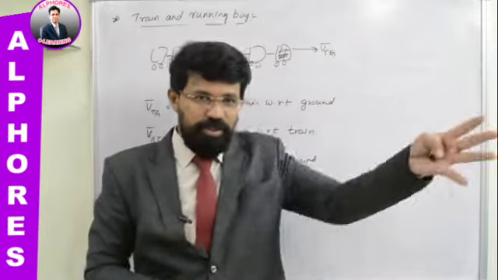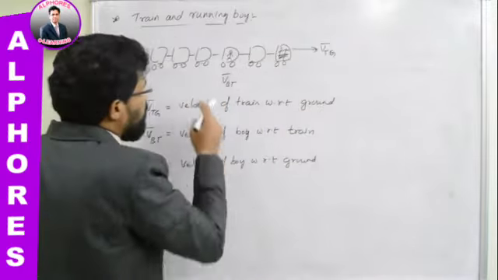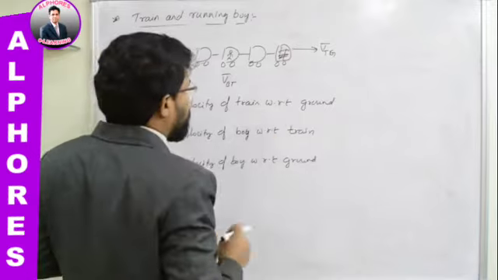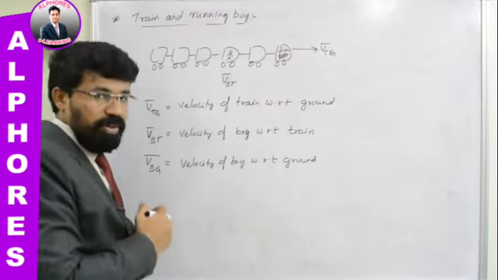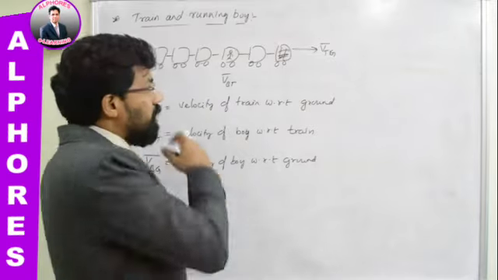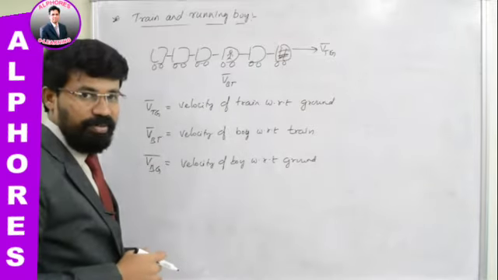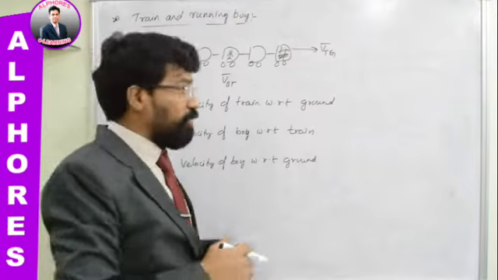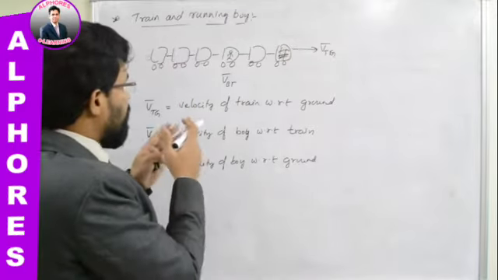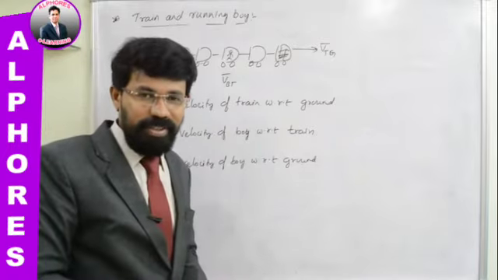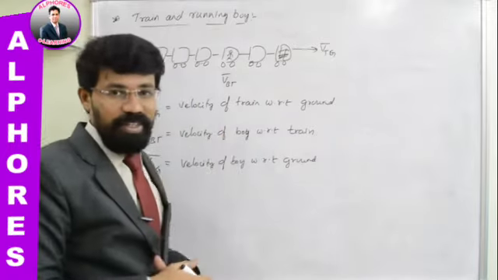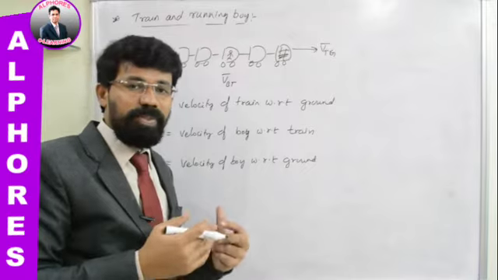Let us say a train is moving like this in this direction. If the boy is also running along the same direction inside the train, inside a bogie, he is running from one corner of the bogie to the other corner. Along the direction of motion of the train, he is running. What do you see from outside? If the boy is at rest, you see the boy moving with the same velocity as that of the train, isn't it? If the boy is running along the direction of the train, you see the boy moving with more velocity.